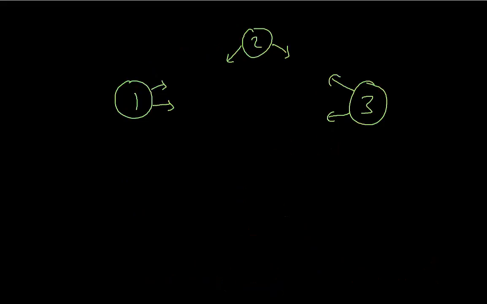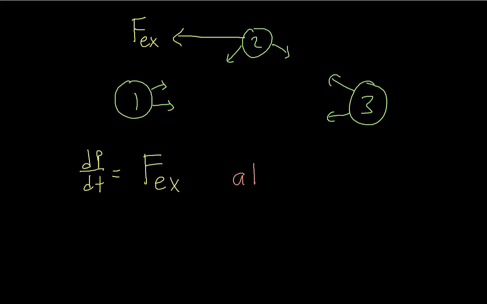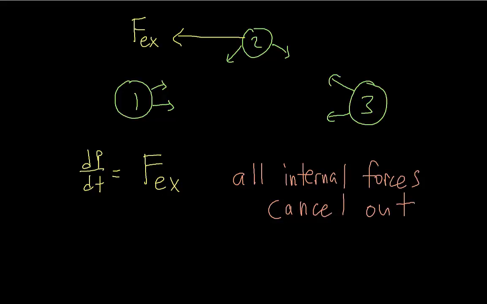So what if we had the same system, but this time there's an external force on object 2? So again, if we wrote out all the individual forces, all the internal forces would cancel out, and then we'd just be left with the external force. So the rate of change of the total momentum of the system is equal to the net external force. And by the definition of momentum, we know that's equal to mass times acceleration.